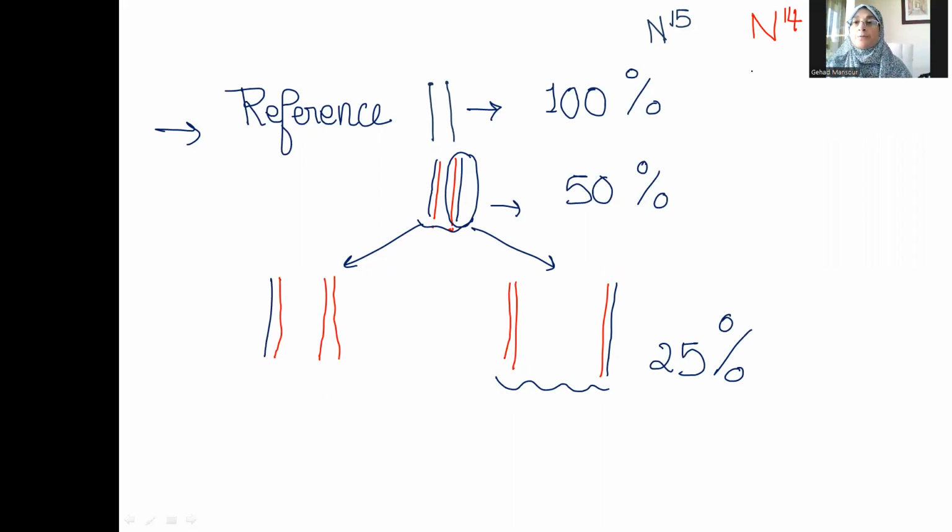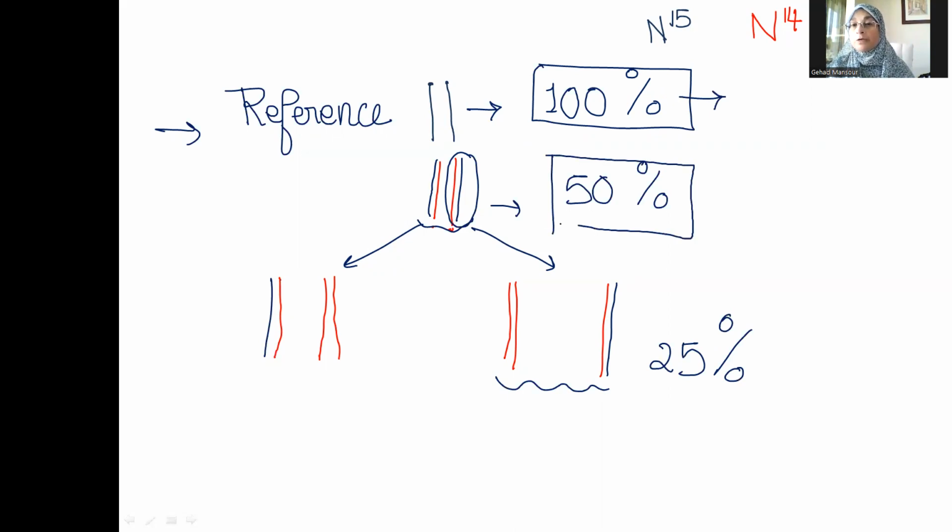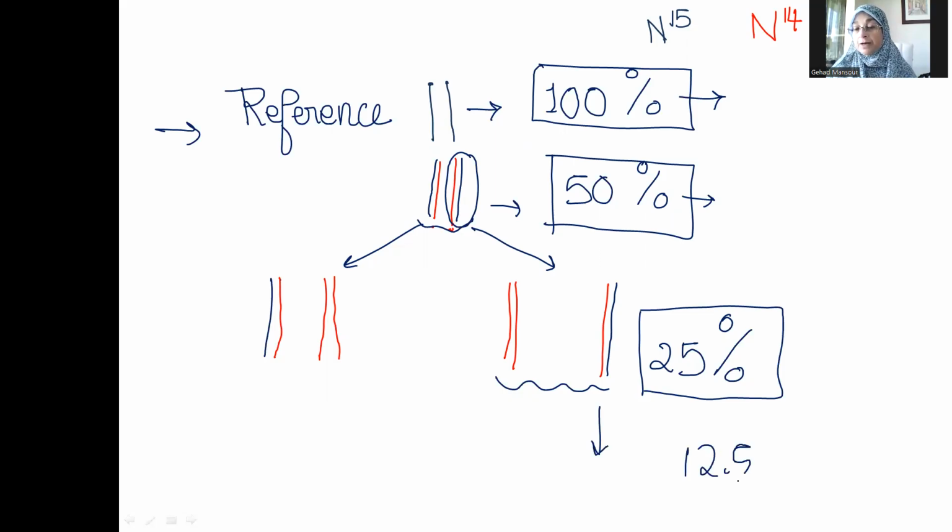So actually, because I made a small mistake, if we consider this 100%, our reference, 100% density, because it contains 100% nitrogen 15, then after the first cycle, only 50% will be nitrogen 15, and after the second cycle, 25% will be nitrogen 15, and so on. And after this cycle, only 12.5% will be nitrogen 15.